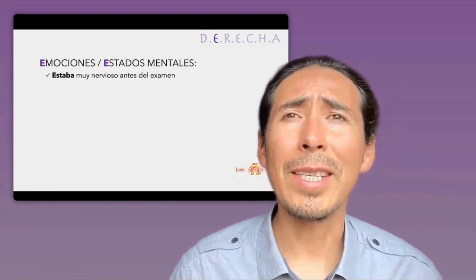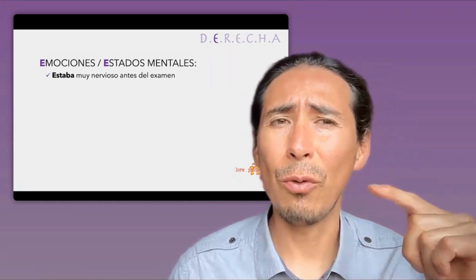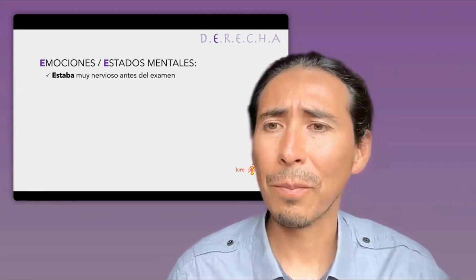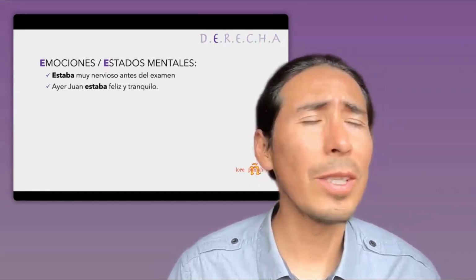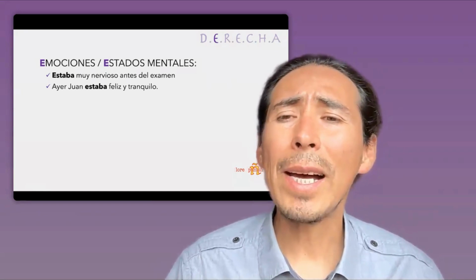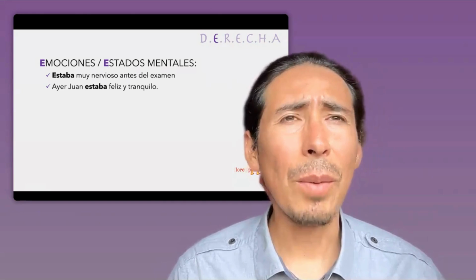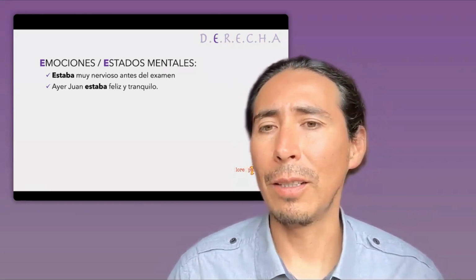Remember, estaba shares the same conjugation for yo, the first person, and for he or she, the third person. Next example. Ayer Juan estaba feliz y tranquilo. Yesterday Juan was happy and calm. Maybe he's not normally like that, or maybe now he's sad.